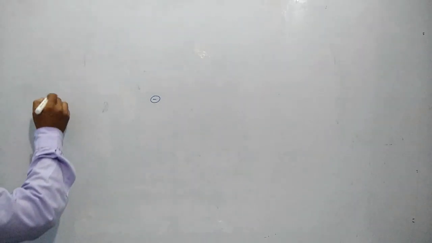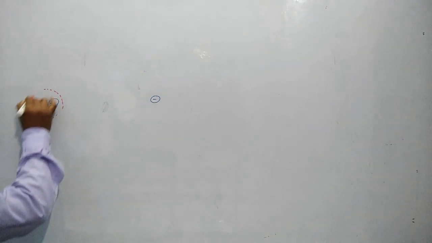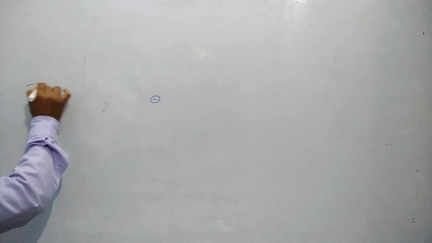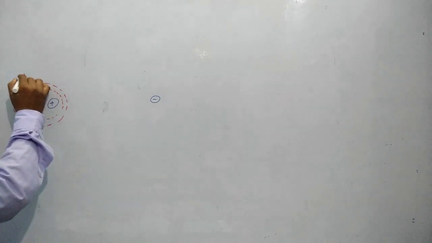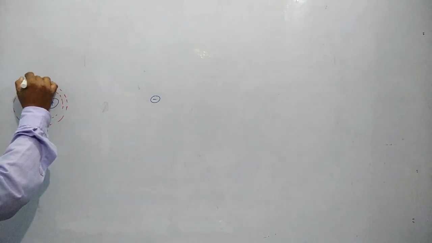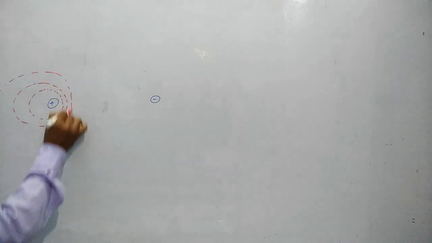If you consider the plus charge, it is more difficult than the previous one. The distance towards this end is increasing. The drawing is difficult, that's why I am taking time.